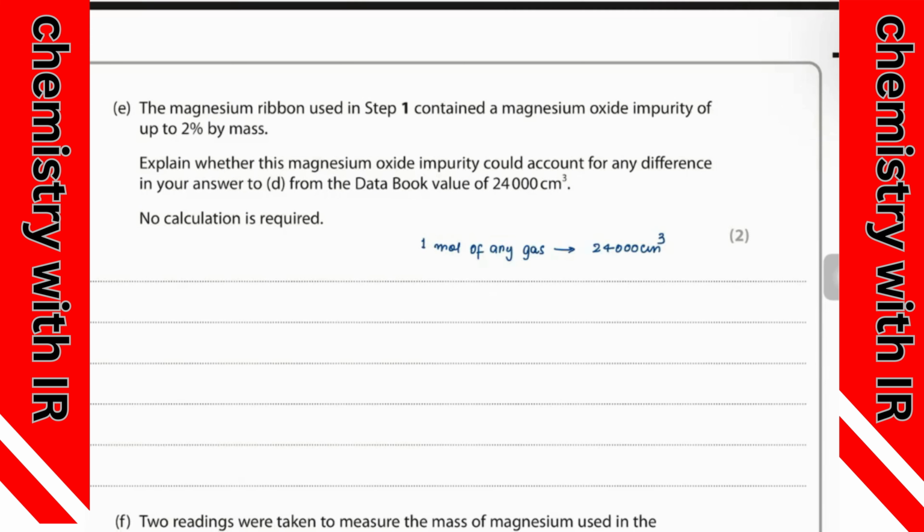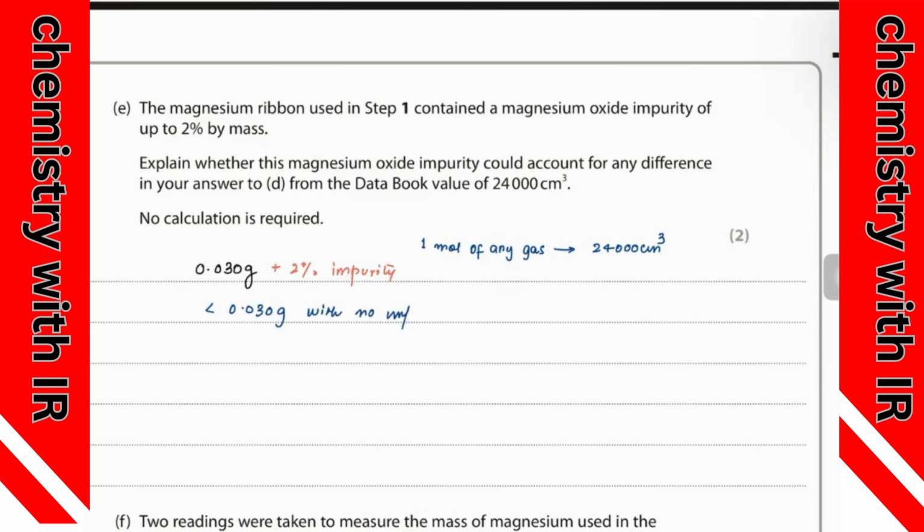First of all, let's suppose we had the mass of magnesium that was 0.030 grams, and this is the mass with the 2% impurity. If we have no impurity, 100% sure the mass would be less than 0.030 gram, isn't it?